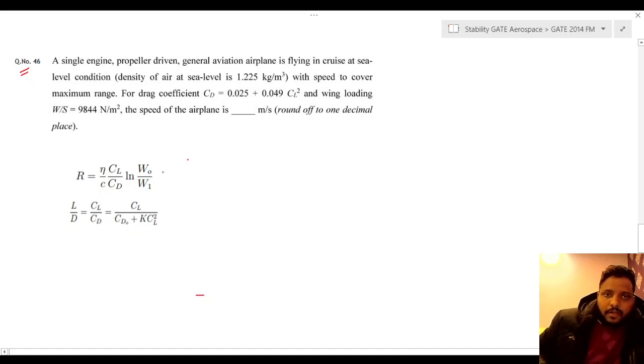For a propeller driven aircraft, this is the formula for range. For the range to be maximum, the parameter that should be maximum is CL by CD, in CL by CD max ln W0 by W1.